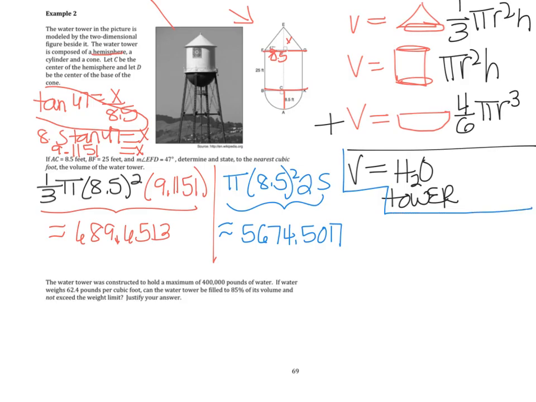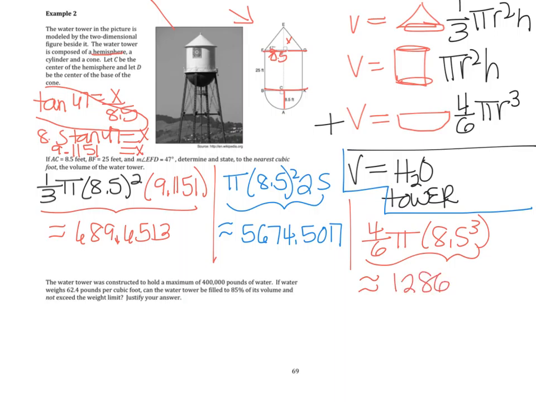And the volume of the hemisphere, 4/6 pi times 8.5 cubed, gives us an approximation of 1286.2204.